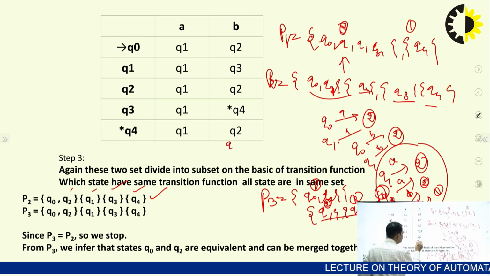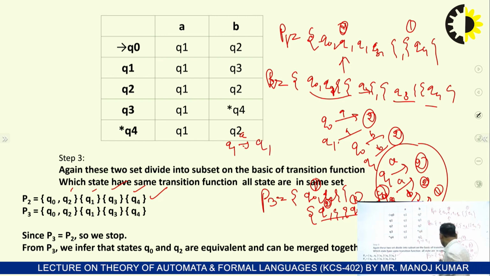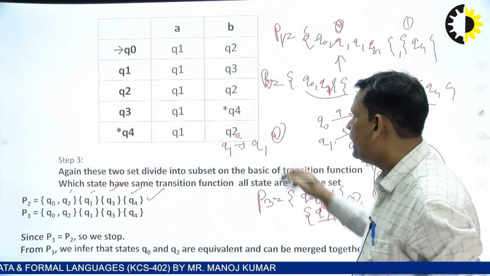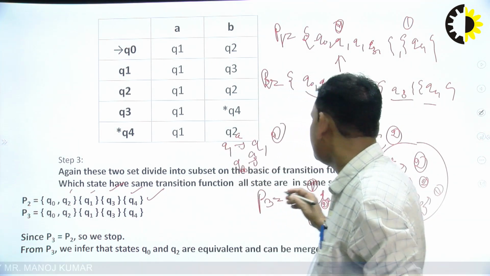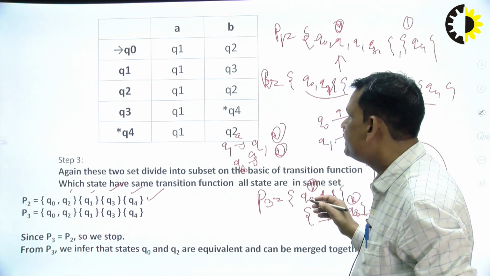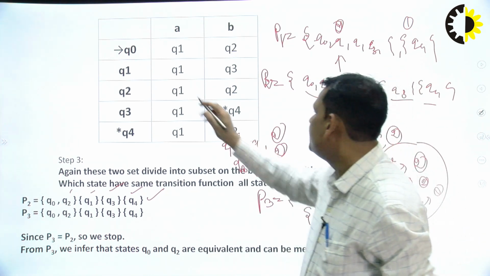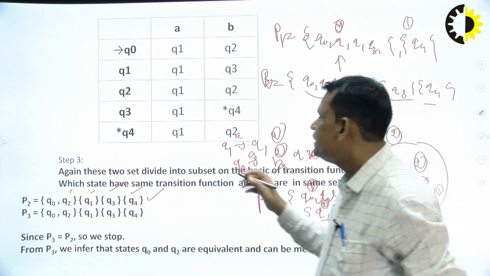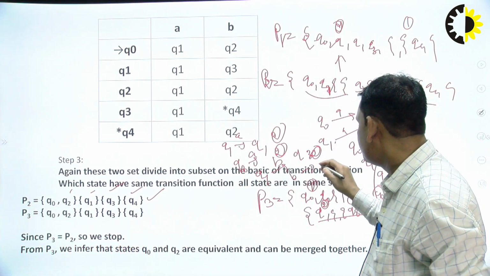On input A, Q1 and Q3 both go to set number 2. On input B, Q1 goes to set number 2 and Q3 goes to set number 1.